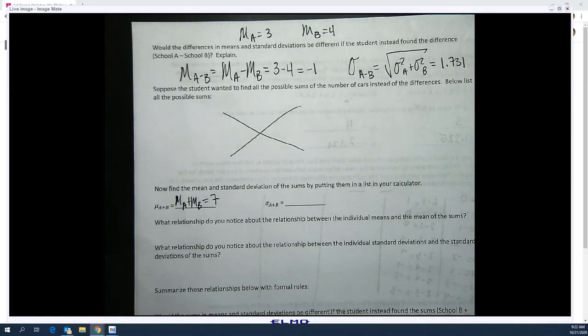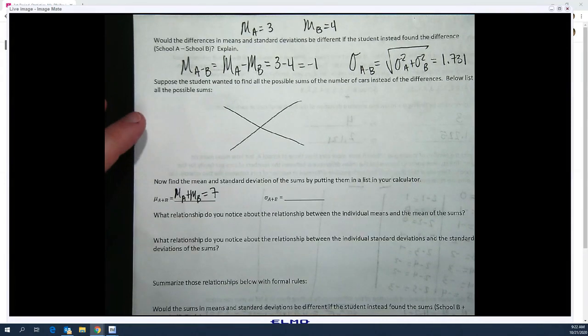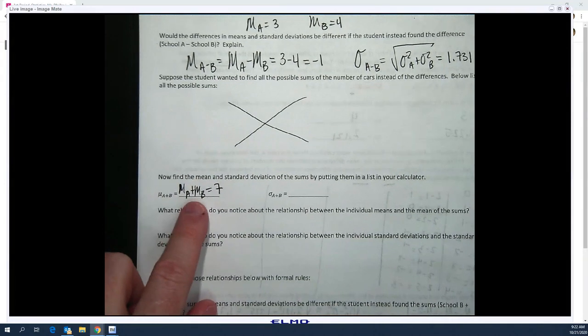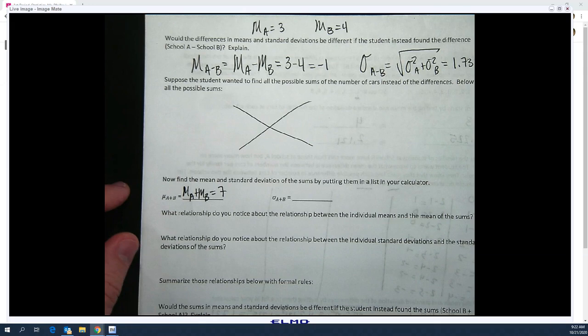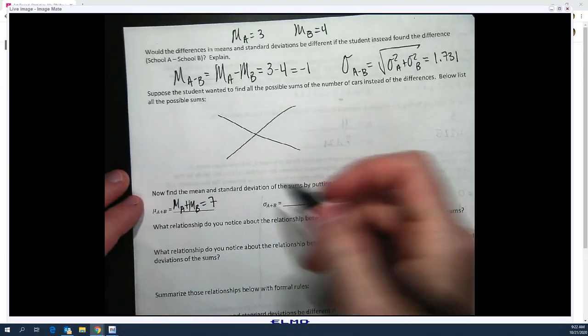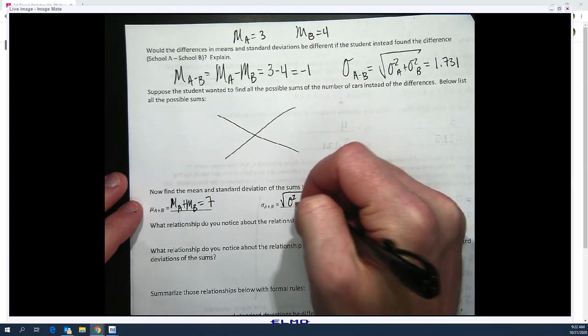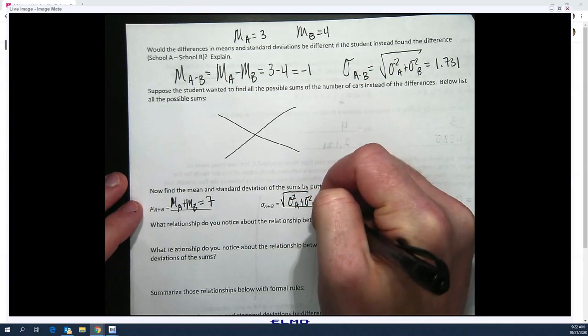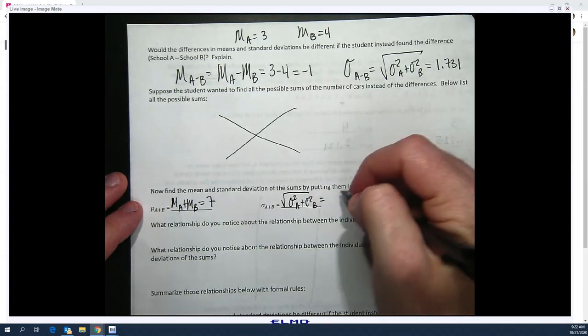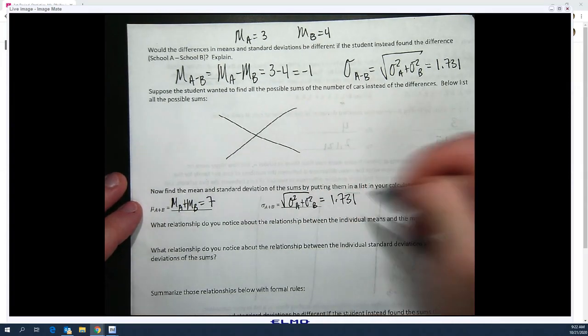If you have time and you're willing to kill about 5 minutes, feel free to fill this in, and you can find the average of it, and it will be 7, but I don't think we need to do that. Sigma of A plus B, that formula does not change whether you're adding or subtracting. It's still sigma A squared plus sigma B squared. So this is still 1.731.